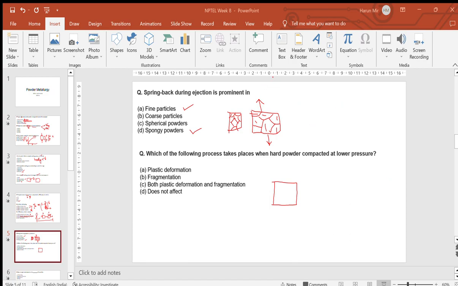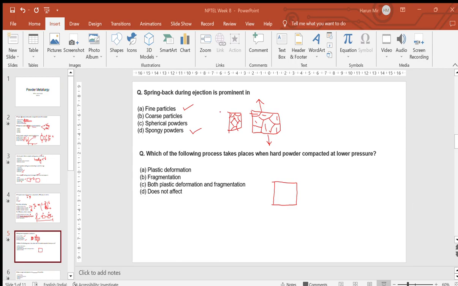And also, this option says excess binder quantity to coat the particles with binder. This is also true because you do not have sufficient coating of the particles with the binder, as there is now too much binder around the particle. If this is your particle, then there is too much binder around it, which is not allowing interactions between this particle and this particle.